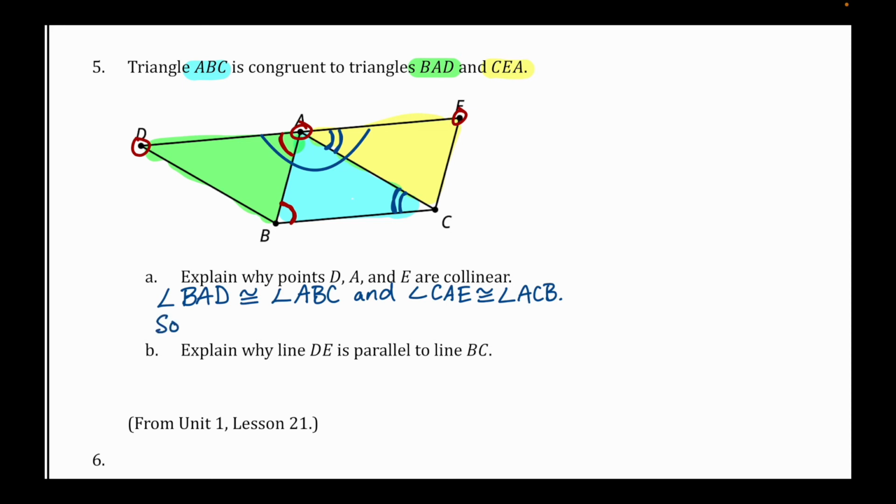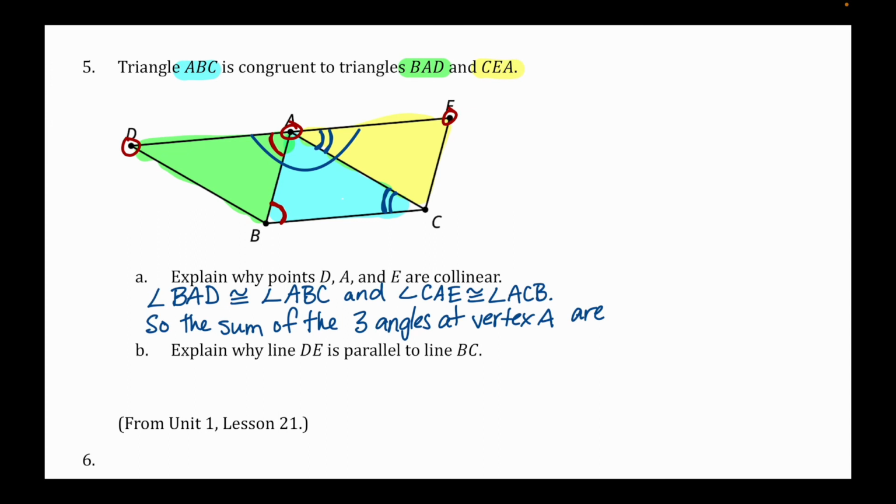We can just say the sum of the 3 angles at vertex A is 180 degrees.